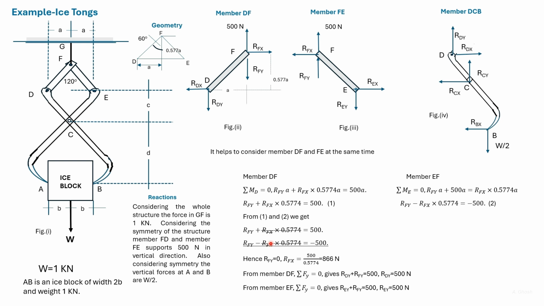Solving these two equations simultaneously, we get RFY is equal to 0 and RFX is 866 Newton. Knowing RFX and RFY and solving forces in the horizontal and the vertical direction, we can find out RDX and RDY, and similarly REX and REY.